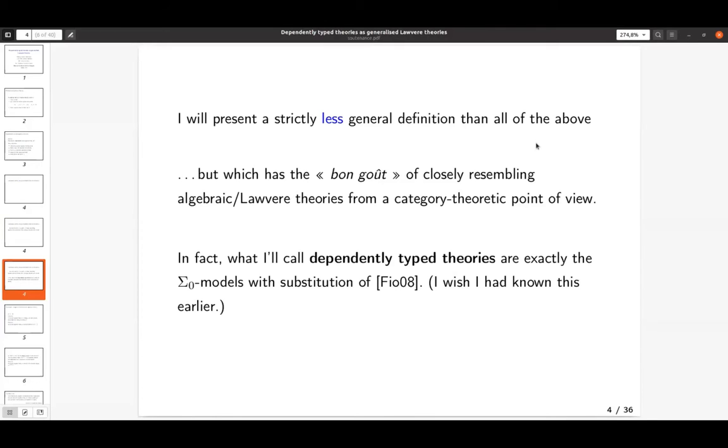It is defined in Fiore's short paper, and he calls it Sigma zero models with substitution. So what I call dependently typed theories are precisely what Fiore calls Sigma zero models with substitution. But I'll try to present them in a slightly different way. I learned this from Marcelo Fiore a little less than a year ago, and I wish I had read his paper earlier.